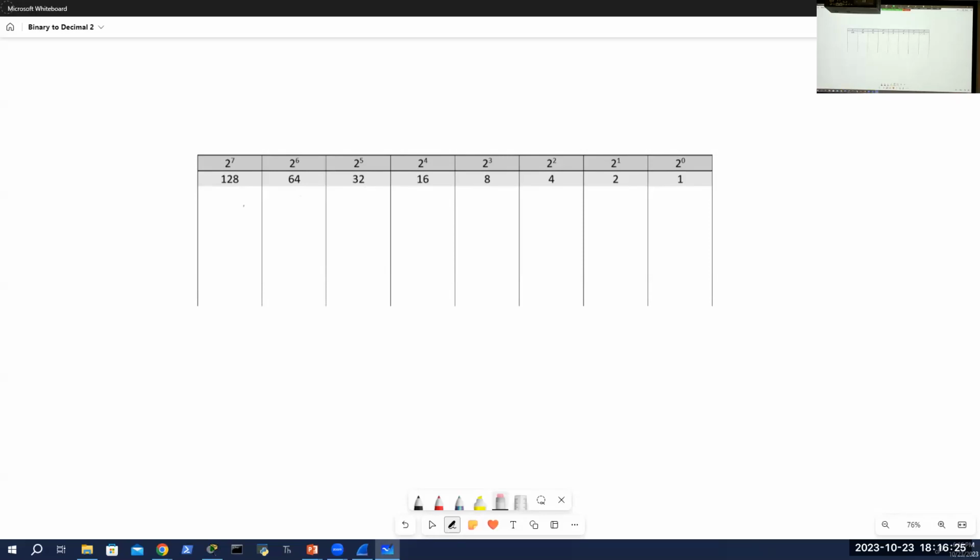Okay, so if we had a common subnet mask value like 255, 255, 255, 224. So the 224 is going to look like 1, 1, 1.